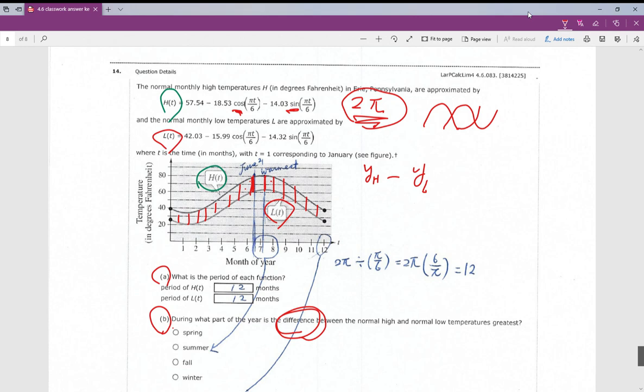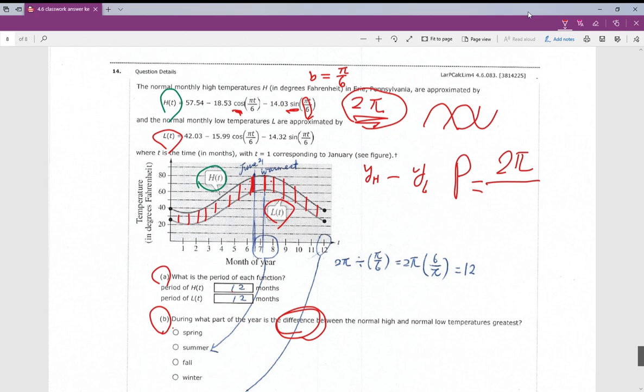But why is the answer not 2 pi? Because, do you see that? Pi over 6. If you follow the formula, because the b is pi over 6, the formula to calculate the new period is the original period divided by pi over 6.